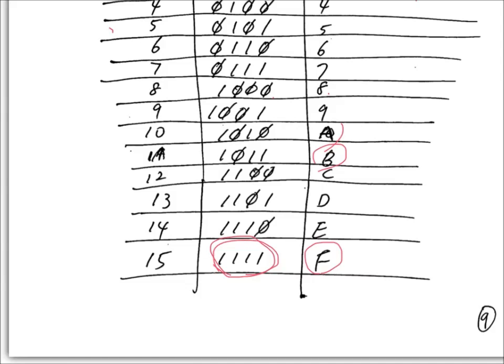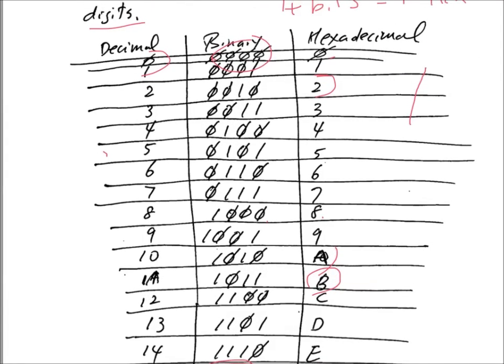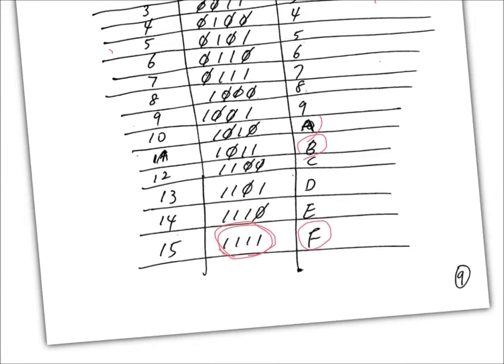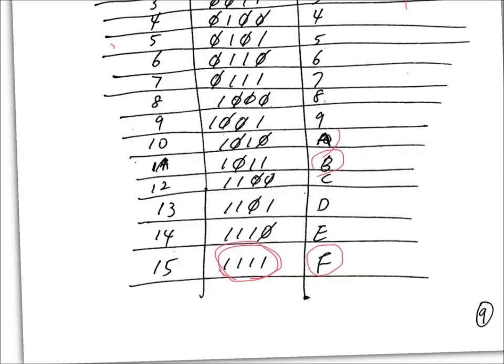All these values can be represented by one hexadecimal digit, 0 to F. So any set of binary numbers can be easily represented by hexadecimal numbers. Alright, let's take a look at the examples, and it will be a lot easier to understand what I'm talking about.